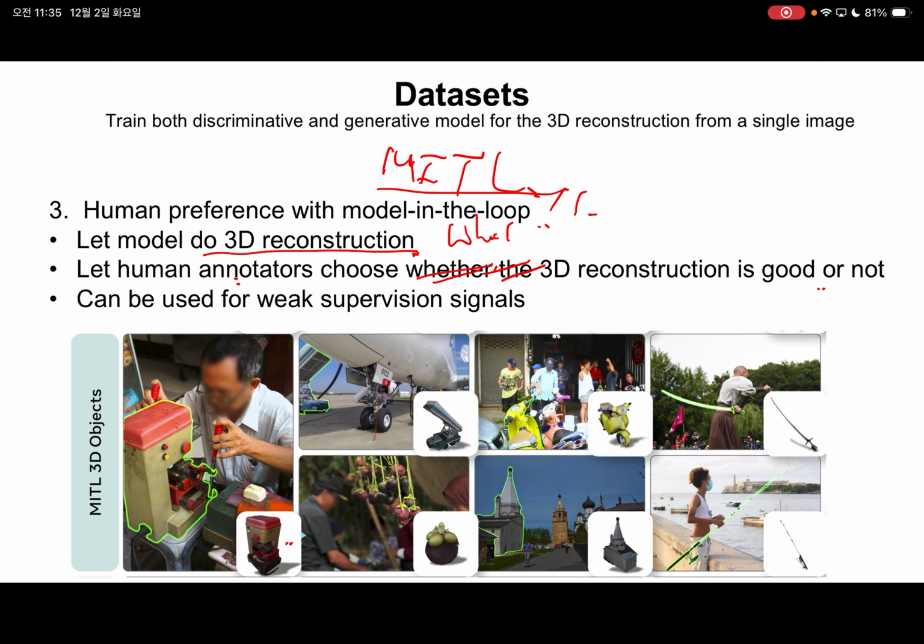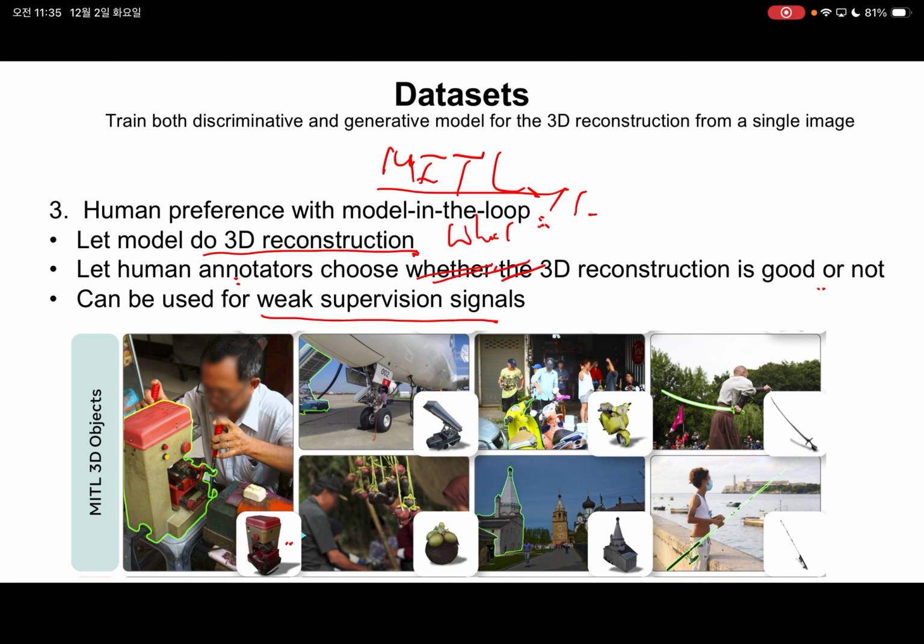And then we use the chosen one as a pseudo ground truth, not very accurate, but based on human preference, and use it as the weak supervision signal. That is the third training stage of this system, right?